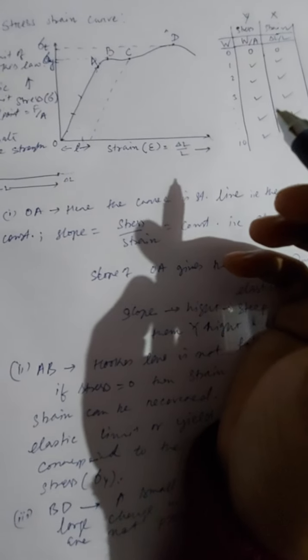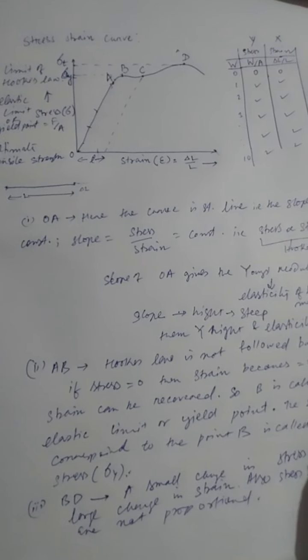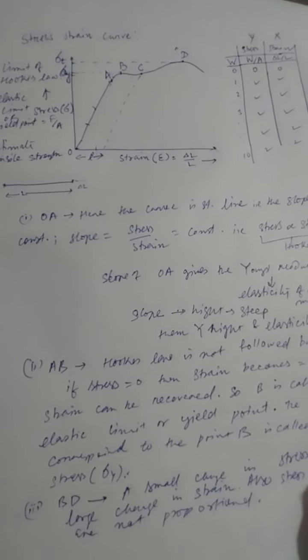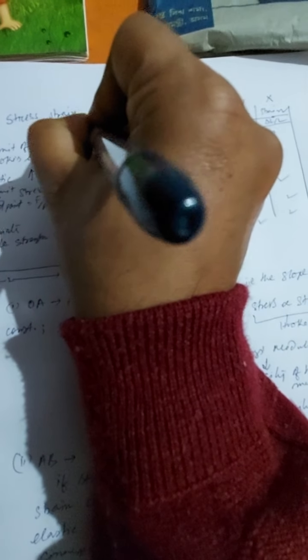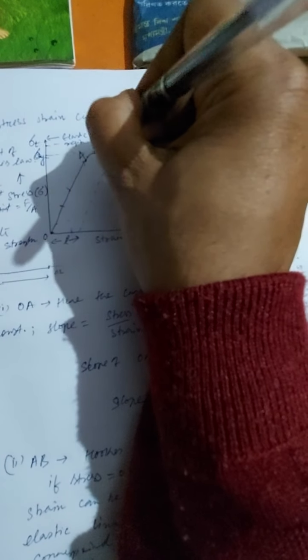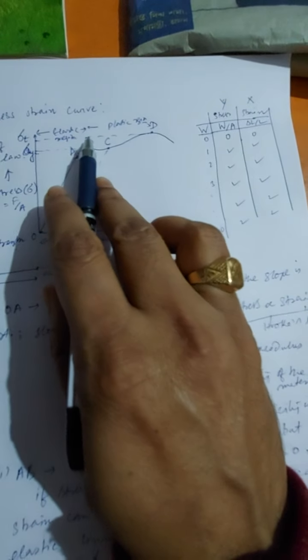Now, as we can see, in this region from B to D the elasticity is not there, because when we remove the stress, the material cannot get back to its original configuration. So this region from O to B is called the elastic region, and from B to D it is called the plastic region.